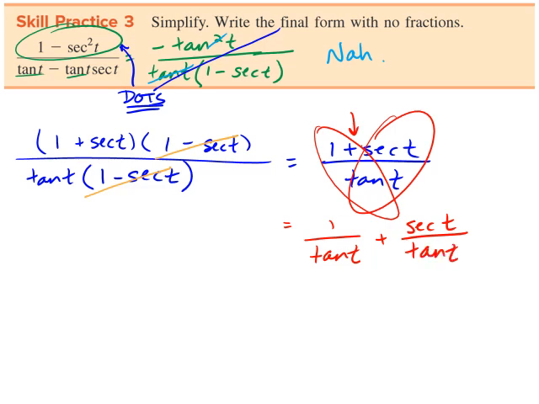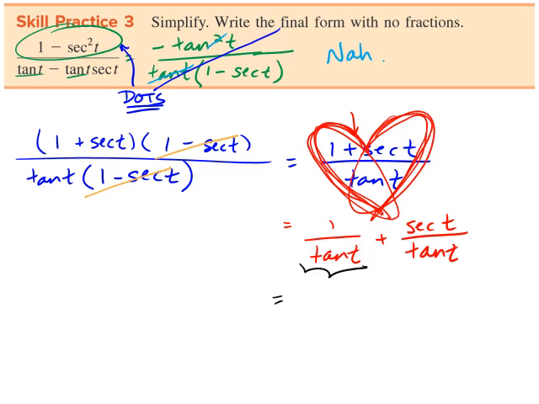I call this the heart method because it makes a cute little heart here. You can't use the heart method on the reciprocal of this because it will result in a broken heart, and nobody wants that. All right, so let's continue to simplify this.